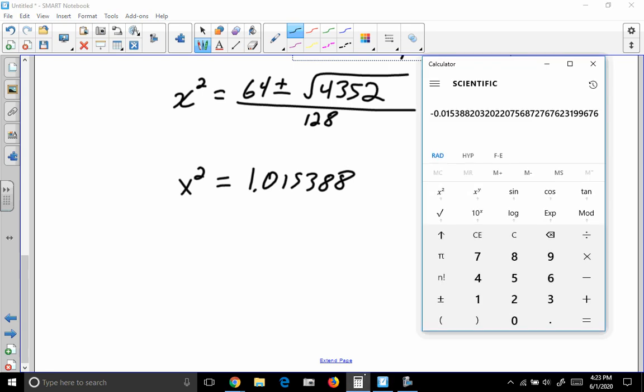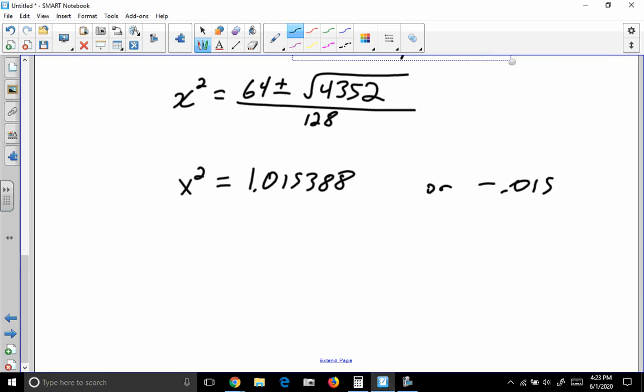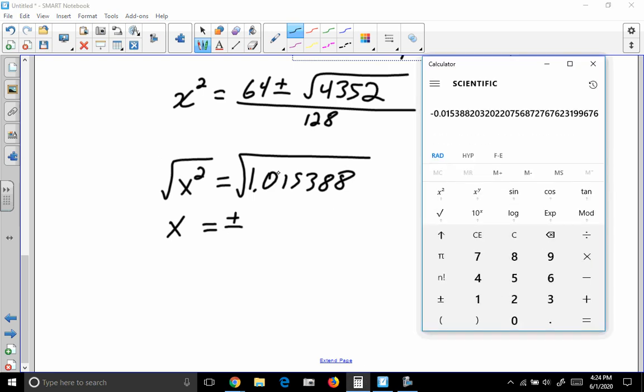over 128. We're going to get negative something. What was it? 0.015. And it doesn't matter how many decimal places we keep, because to get x, we have to take the square root of both sides. If we take the square root of that, that's imaginary. So that one's not going to help us. Take the square root of both sides and we get x. We get plus or minus whatever the square root of that is. So 1.015388.